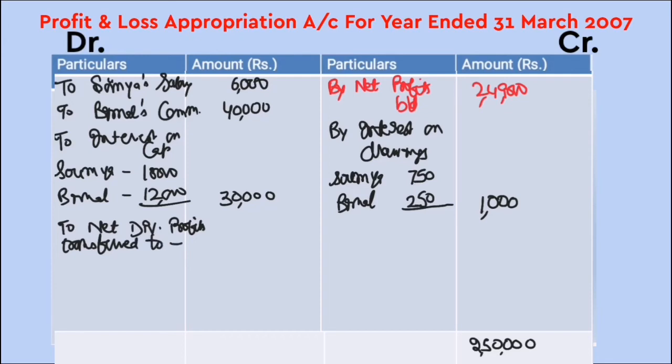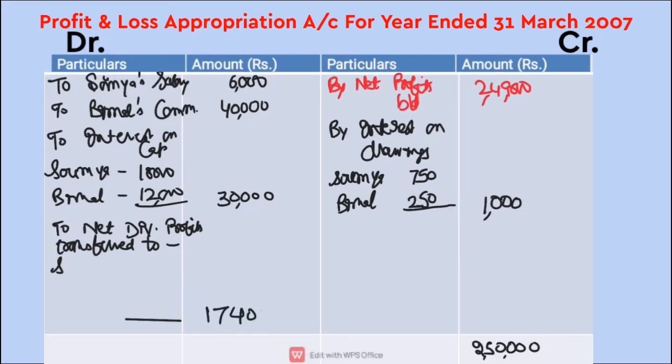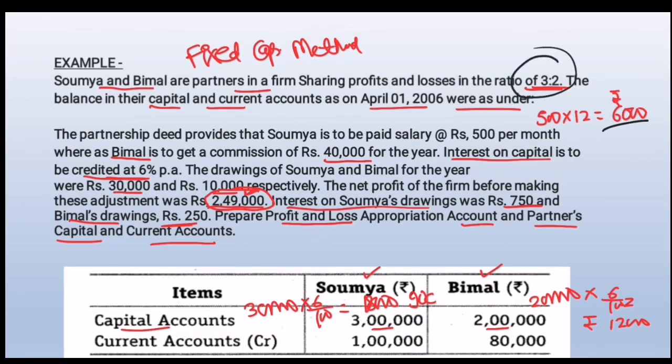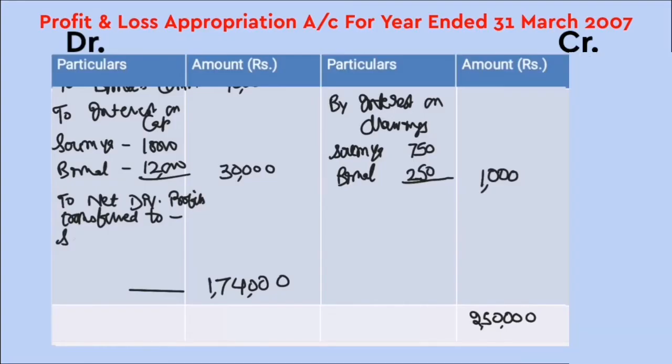As it is a fixed capital method, we are going to transfer it to partners' current account. So if we find out the net divisible profits, credit minus debit, it will be 1,74,000.